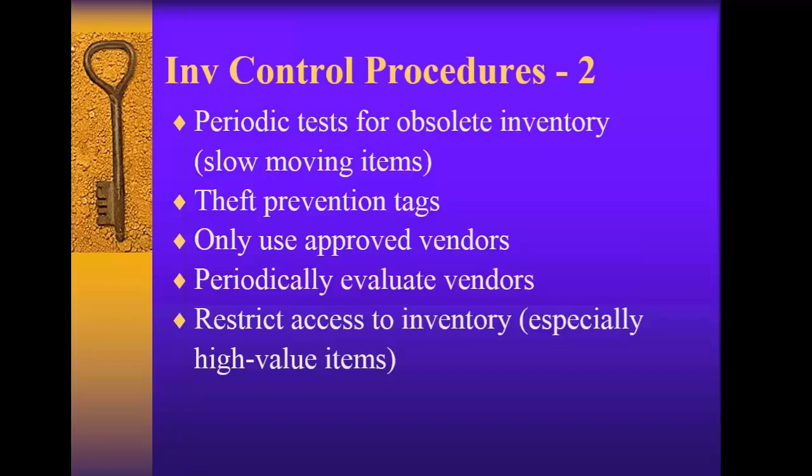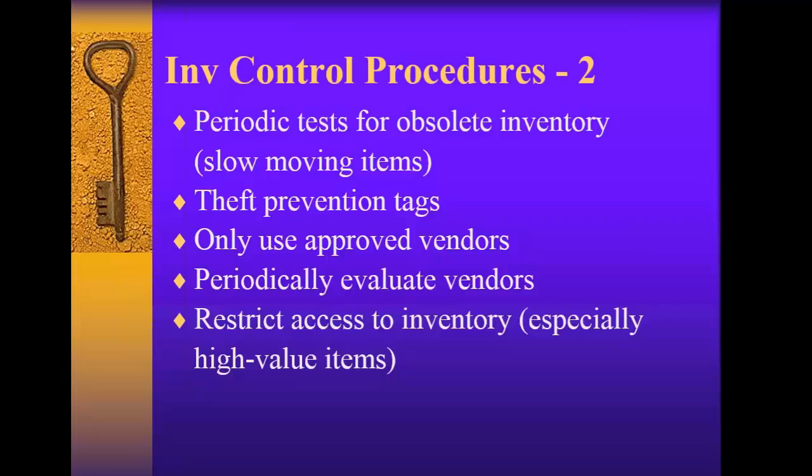I remember taking a tour of a cafeteria, and we were doing an inventory count. So I went into the freezer with the inventory manager, and in the middle of the freezer was a cage with a lock and key on it. And I said, well, why do you have this? And he said, well, we put the steaks in there.